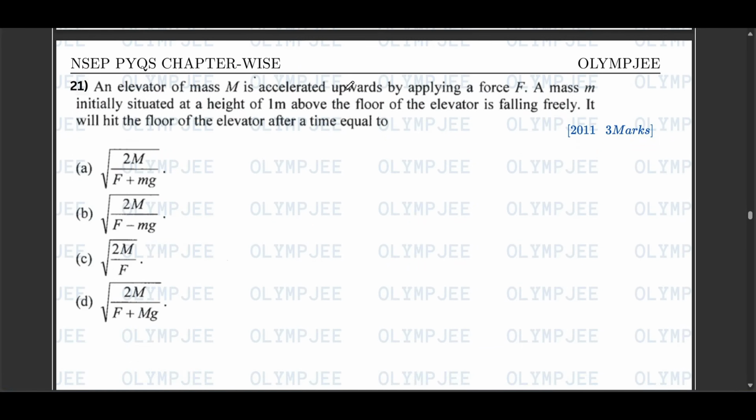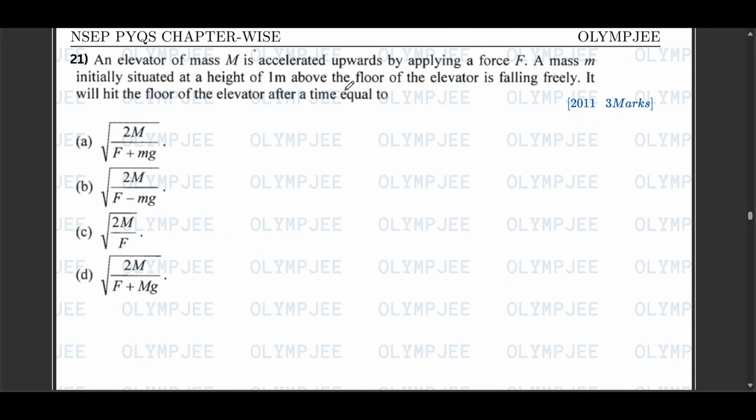Now moving on to the next question, it says that an elevator of mass capital M is accelerated upwards by applying a force F. A mass small m initially situated at a height of 1 meter above the floor of the elevator is falling freely. It will hit the floor of the elevator after time equal to.